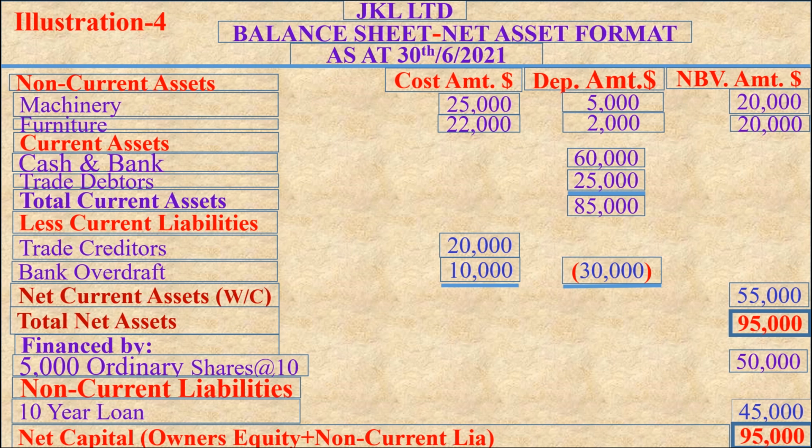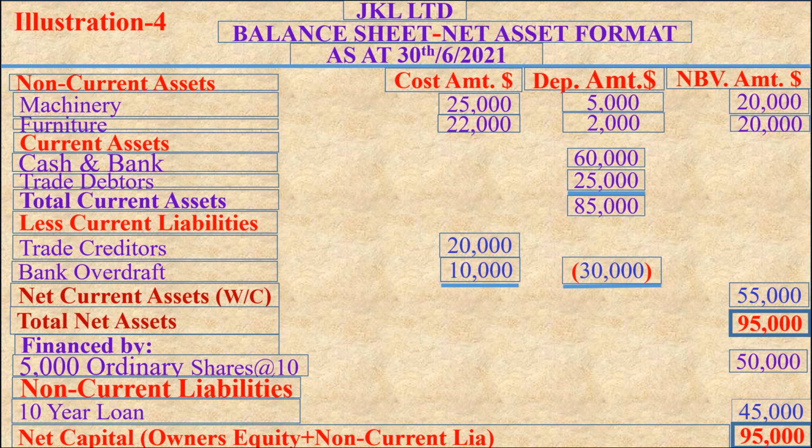And just like in the case of the gross balance sheet format, in this case here, we need to ask ourselves how these assets were financed. In our case, we have got the capital perspective and the non-current liability perspective. Under capital, which is the owner's claim, we have got 5,000 owner's shares at 10 US dollars translated to 50,000, followed by non-current liabilities, where we have got a 10-year loan of 45,000.